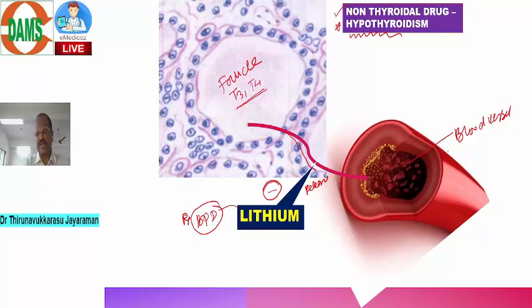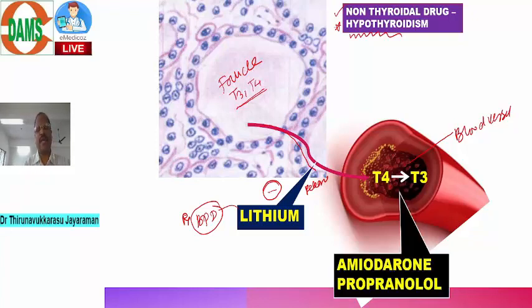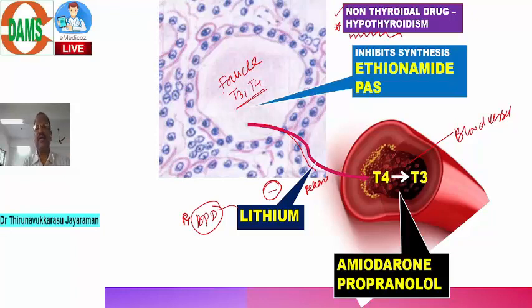Another interesting question. In the circulation, T4 is converted into T3, which can be blocked by, as I told in my previous slide, anti-arrhythmics like amiodarone and propranolol, which can inhibit peripheral conversion. Here, one very interesting question. There are some anti-TB drugs that cause hypothyroidism by inhibiting synthesis of T3, T4.